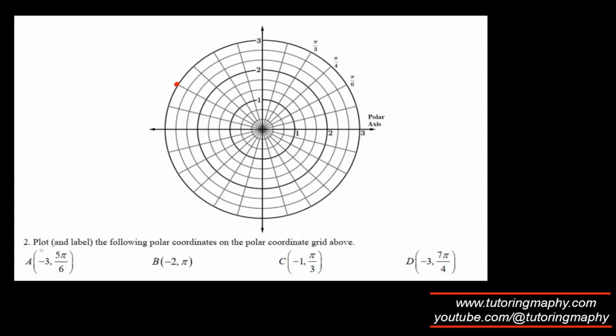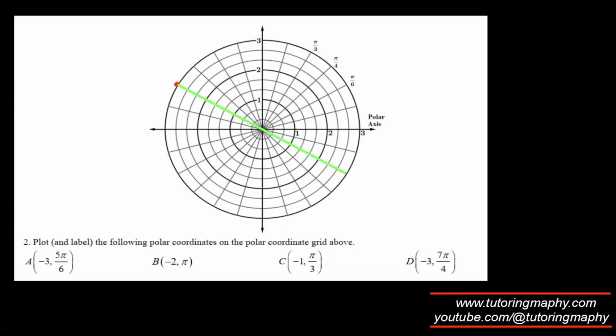But since this has a negative r, all you have to do is find a mirror image about it, or reflect it across. What I want to say is the actual point we want will be on this line, right at the opposite end.